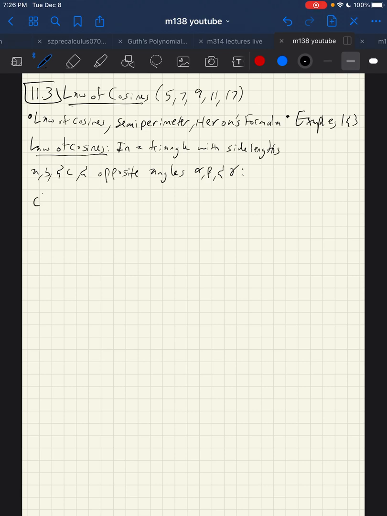So the one that I like to remember is c squared equals a squared plus b squared, which looks familiar, but we're not done yet, minus a correction, minus 2ab cosine gamma.